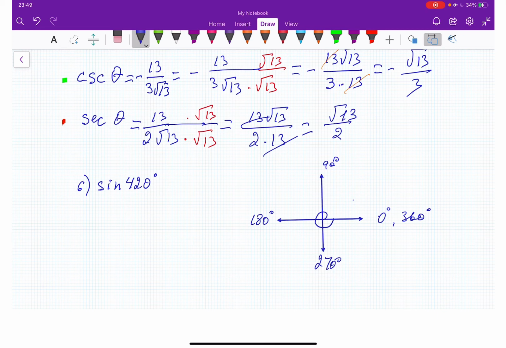How much more do we need to go? 420 minus 360 is going to be 60 degrees, right? So I need to go another 60 degrees. I know right in the middle, this is going to be 45, right? So 60 is going to be a little bit higher.